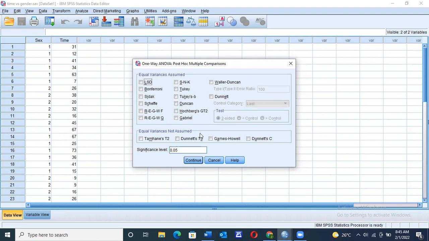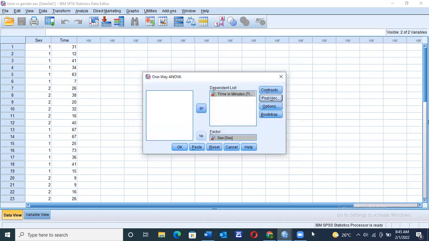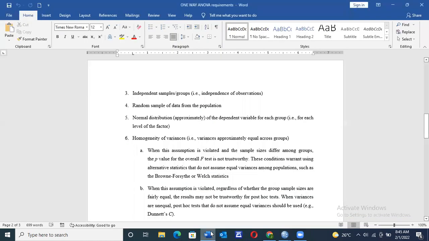But in the event that equal variance is not assumed, meaning the homogeneity, you conduct a Levene's test, and you can use a Dunnett's T3 or a Dunnett's C for that particular analysis. So if you go back to homogeneity of variance, when the assumption is violated and the sample size differs among groups, the p-value for the overall F-test is not trustworthy.